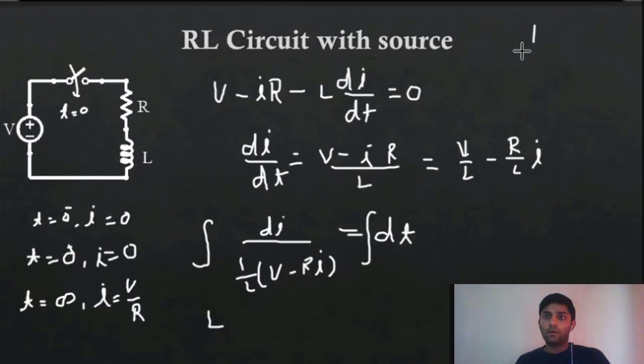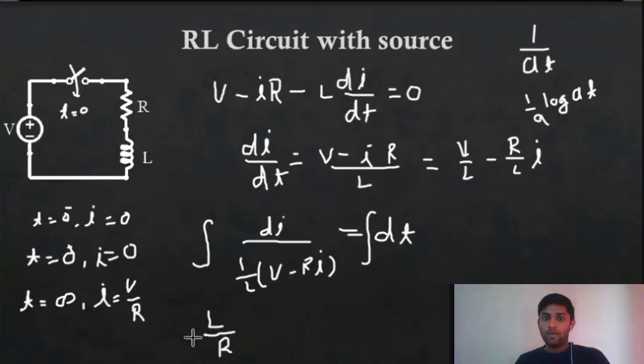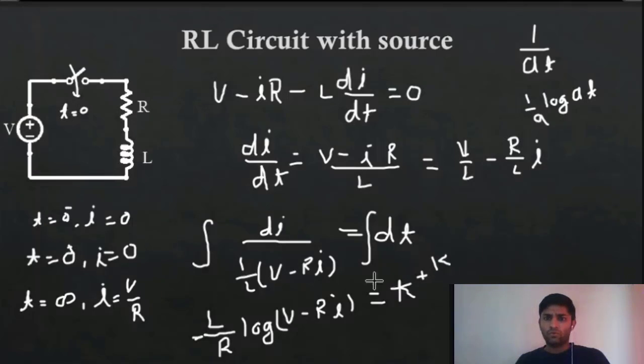You all know that the integration of 1 by (A t) is log of A t, and you have to divide by the constant A. Over here the term is V minus R i, and minus R is the constant, so I have to divide by minus R. So you will get minus L by R log of V minus R i equal to t plus K. I hope everyone got this.